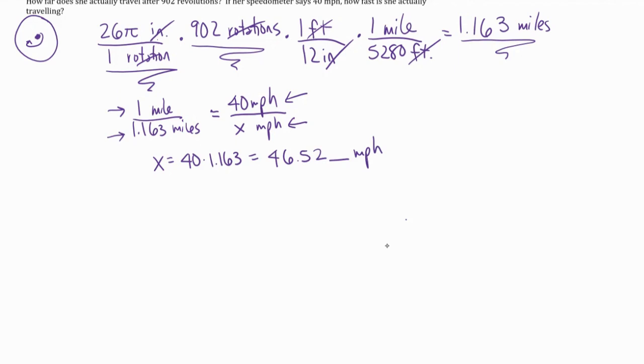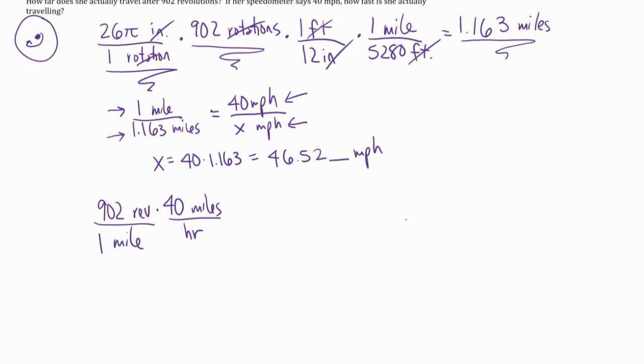The last way that you could have solved this problem instead of setting up a ratio, which clearly is the easiest way in this particular case, is you could have said, okay, well, 902 revolutions is supposed to be a mile, right? If you're traveling at 40 miles per hour, then 902 revolutions is 1 mile.